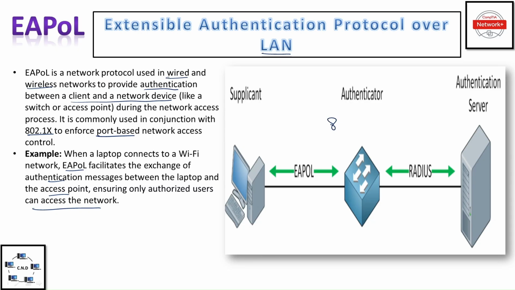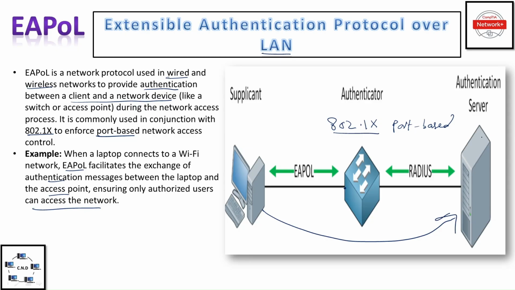So the standard that this works on is 802.1X, and it is basically port-based security. What we mean by port-based is that when a client wants to connect to the switch or a port, the client is authenticated by an authentication server.